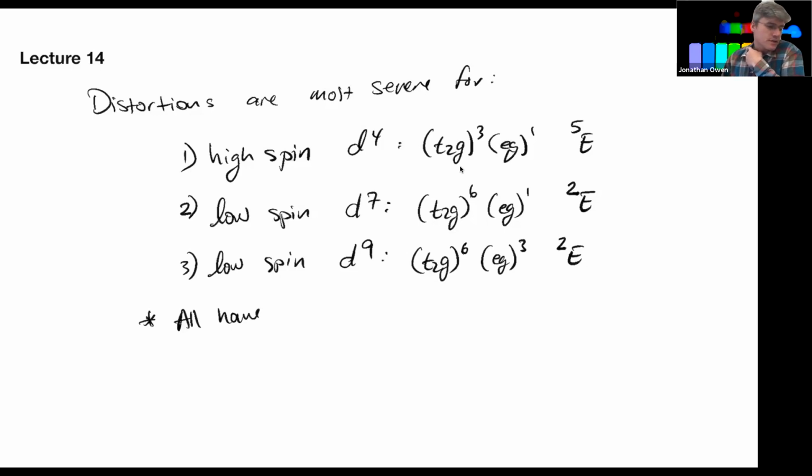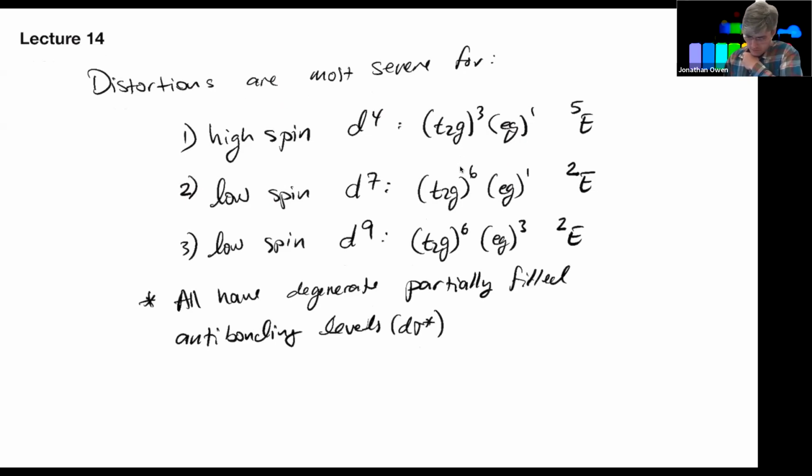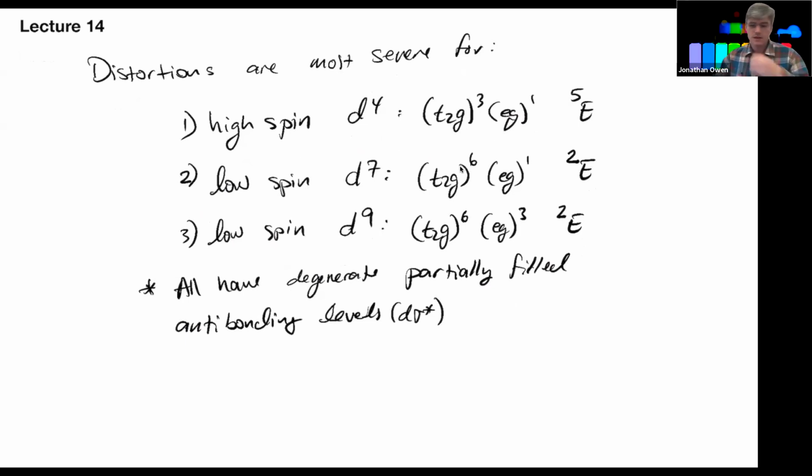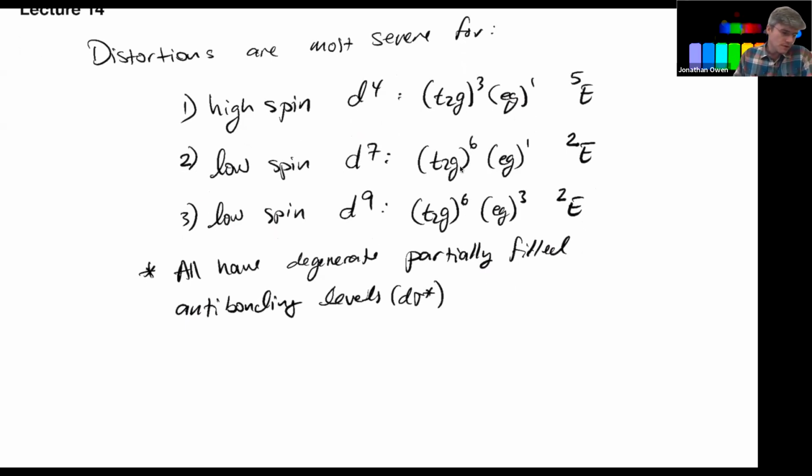The degeneracy is in an antibonding orbital. If you have a degeneracy that's not in an antibonding orbital, you can't really fix the situation.